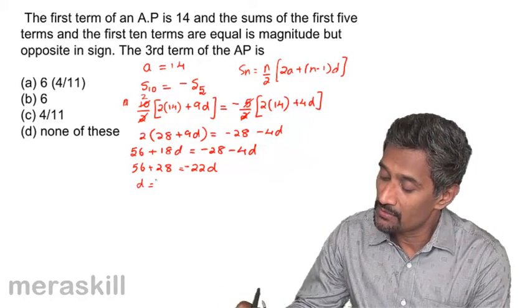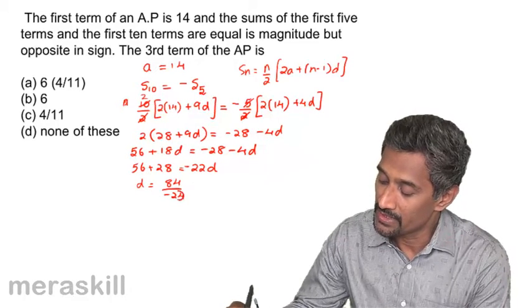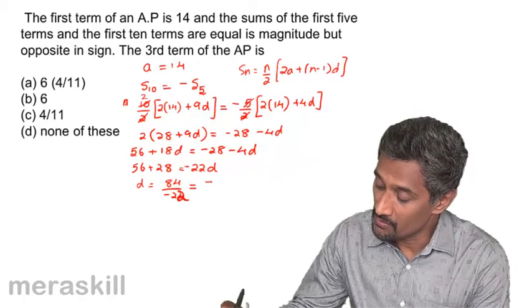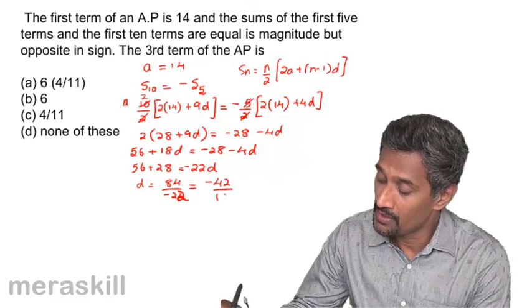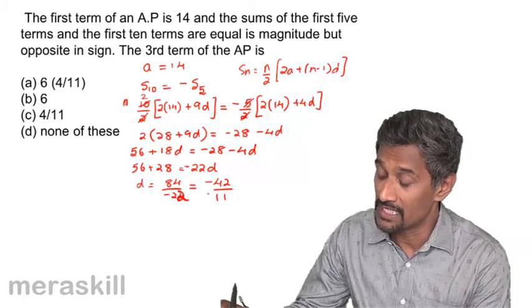So d will turn out to be 84 upon minus 22, which will turn out to be minus 42 upon 11. So you get minus 42 upon 11 is d.